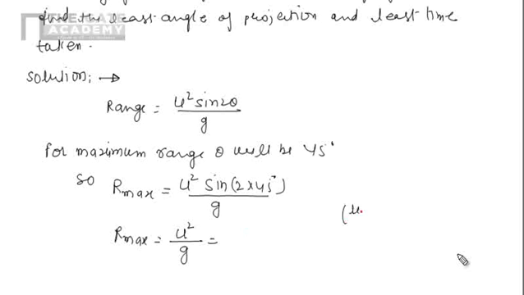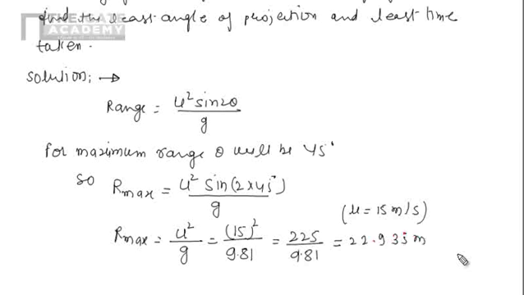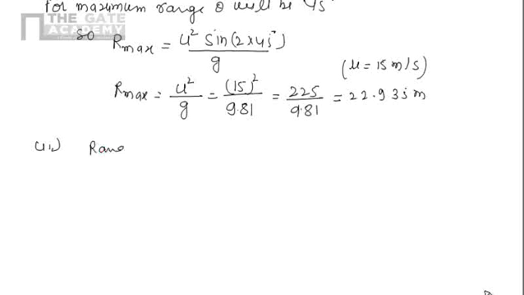Here u is given, that is 15 meter per second. So 15 square divided by 9.81, 225 by 9.81, the value will come around 22.935 meter. So the maximum range for this problem is 22.935 meter.